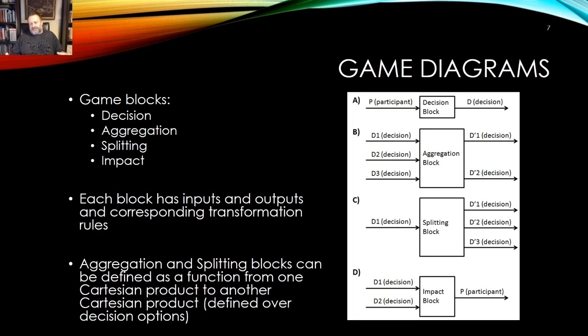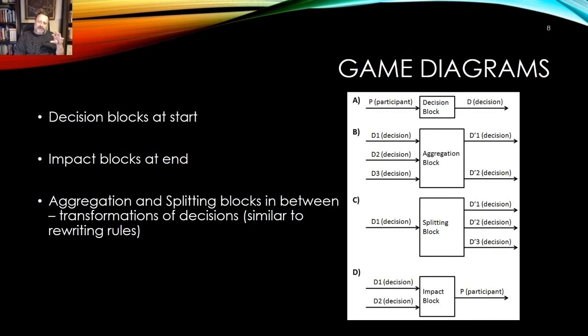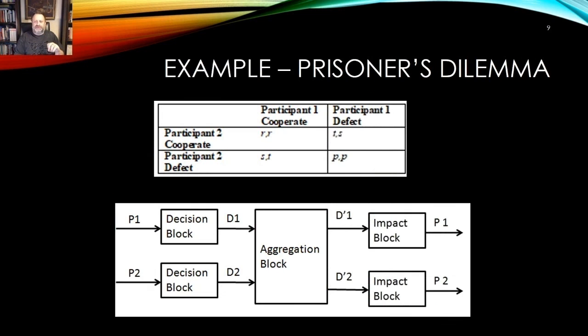And finally, the impact blocks show how decisions have an impact on the participants. Now, always in the games we have a set of decision blocks at the start and a set of impact blocks at the end. And the aggregation and the splitting blocks in between are the transformations of decisions. In a sense, you can see this as similar to the rewriting rules.